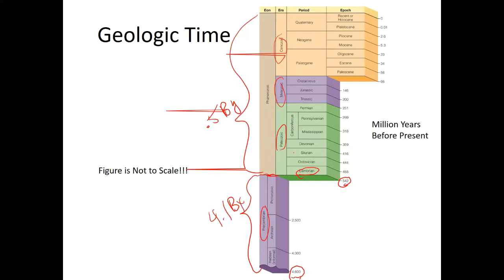And then within the eras, we have periods like the Cambrian, Ordovician, Silurian of the Paleozoic, or the Triassic, Jurassic, Cretaceous of the Mesozoic, the Paleogene, Neogene, or Quaternary of the Cenozoic, right? And then periods are broken down in the Cenozoic even further into epochs, okay? So that's the structure of the geologic timescale. We'll become more familiar with it as this course goes on.